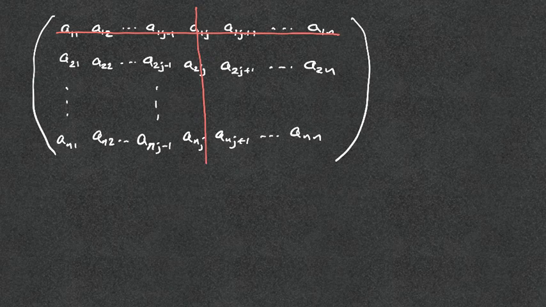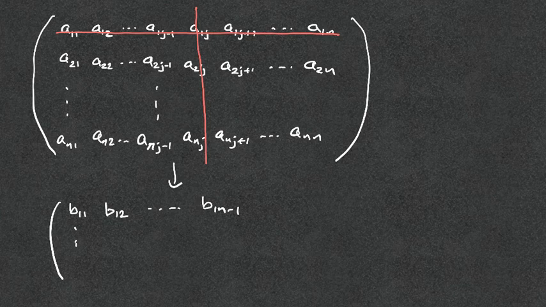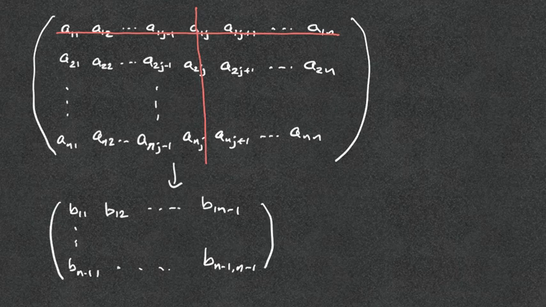And so what happens when we map this into a new matrix, an n minus 1 by n minus 1 matrix, where we have b11, b12, all the way up to b1,n minus 1, and bn minus 1,1, all the way up to bn minus 1,n minus 1.